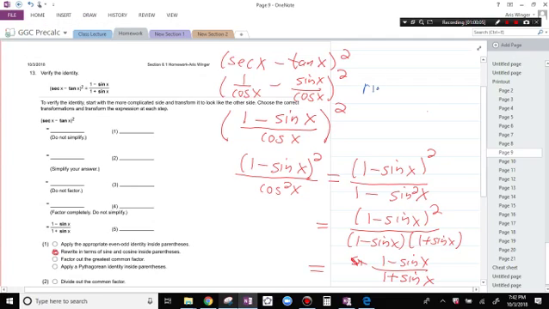So write in terms of sines and cosines. Right, common denominator. Here we squared everything, the numerator and denominator. Then we used the Pythagorean identity.